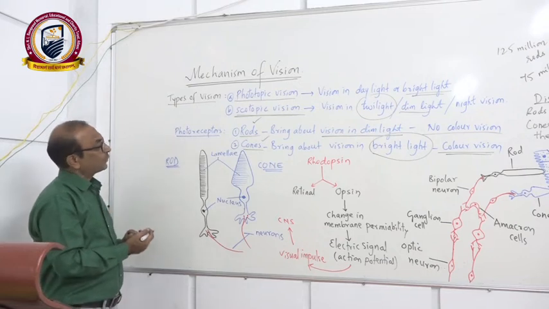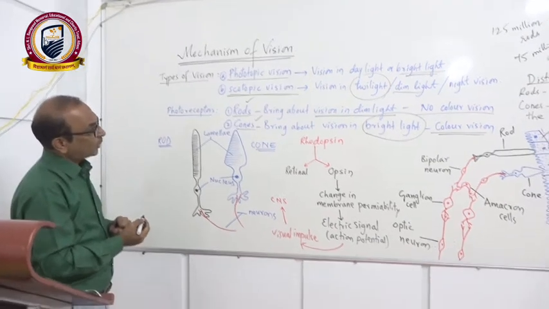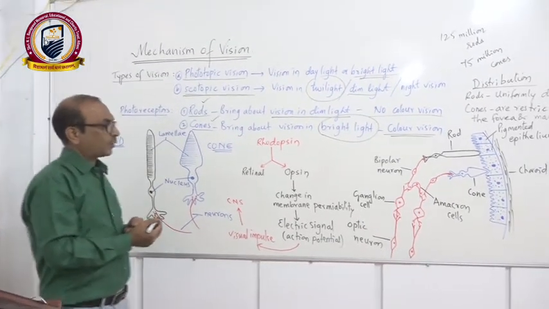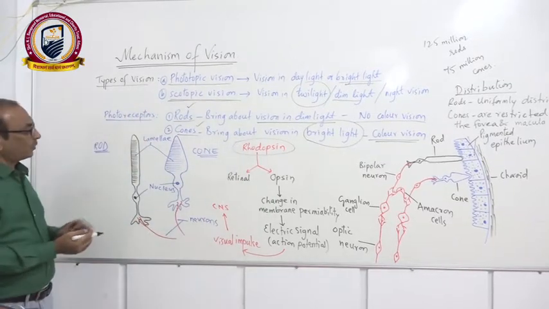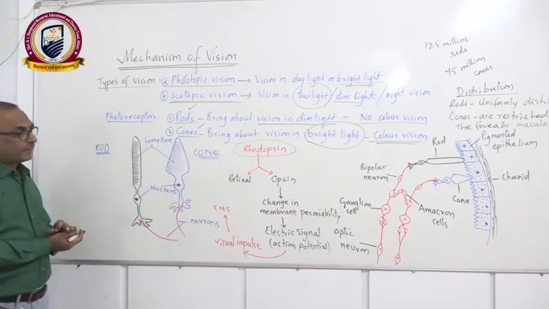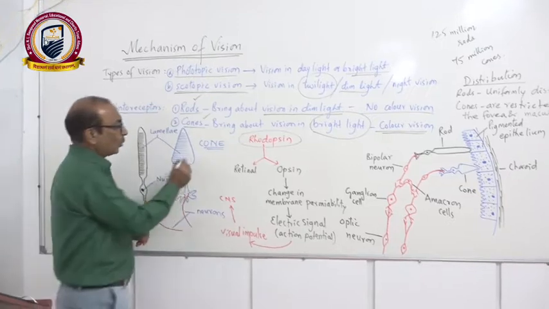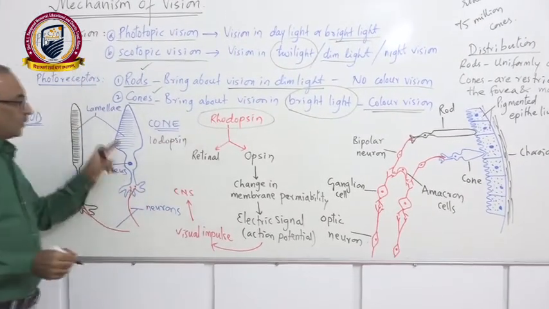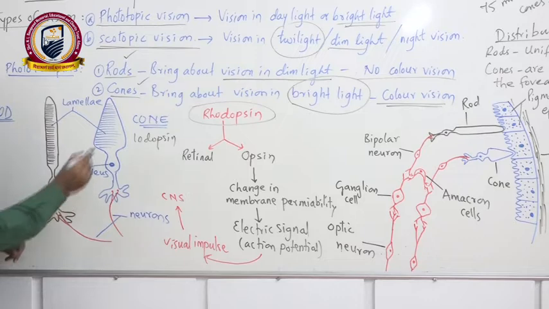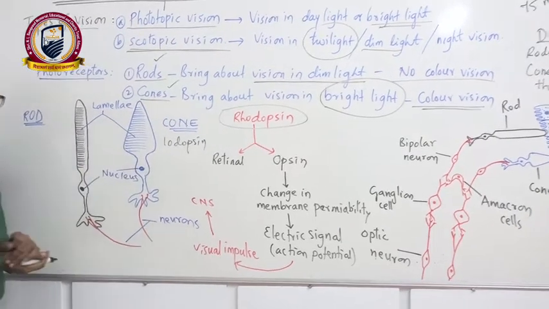Those photosensitive pigments found in the rods are called rhodopsins. Rhodopsin is a pigment found in the rods. And in the cones we have iodopsin. Cones are called so, or cone cells, because their structure is cone shaped.